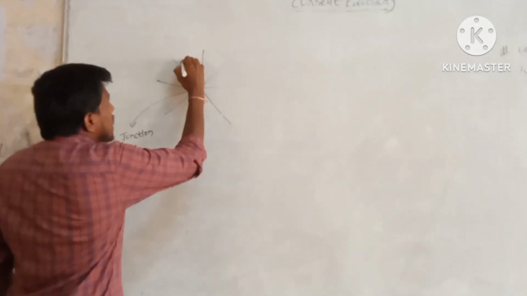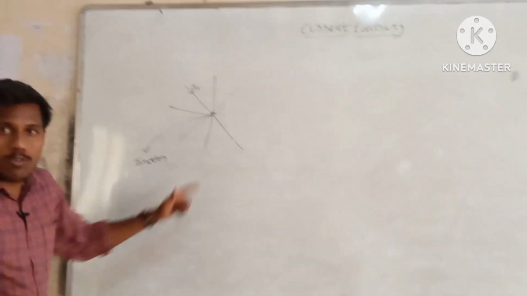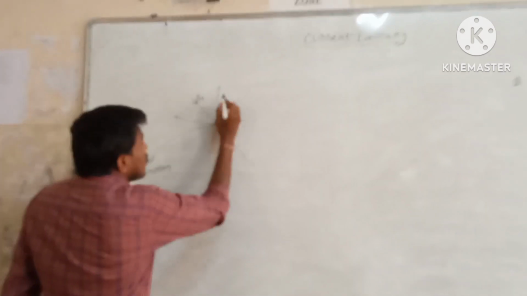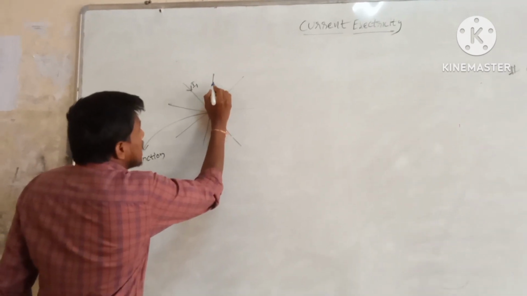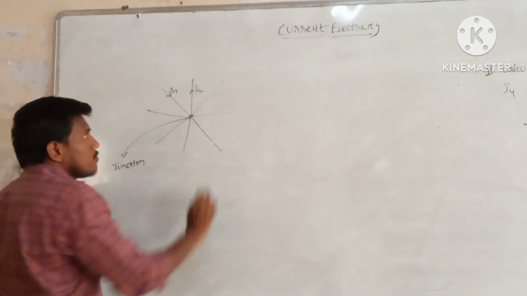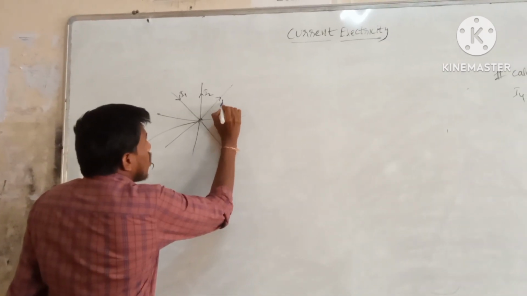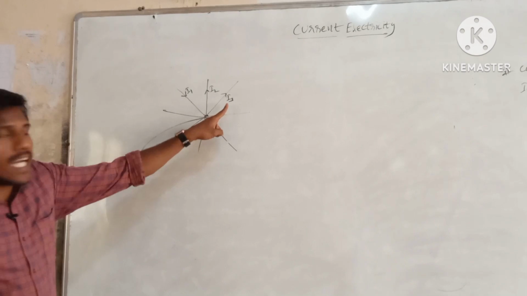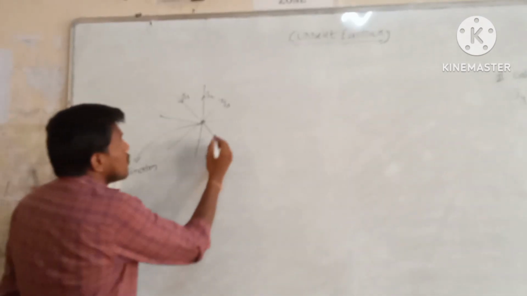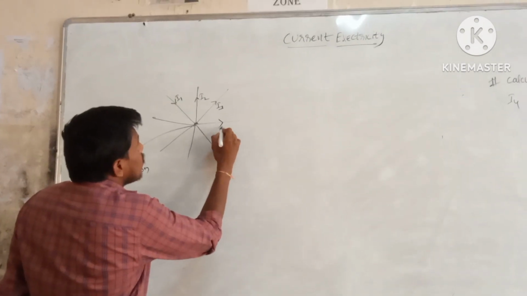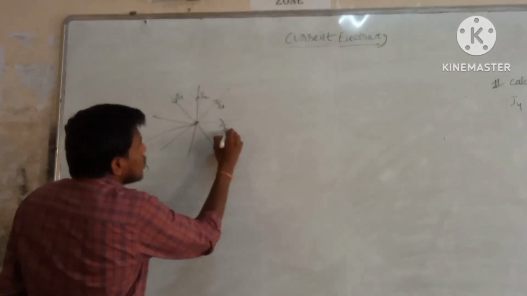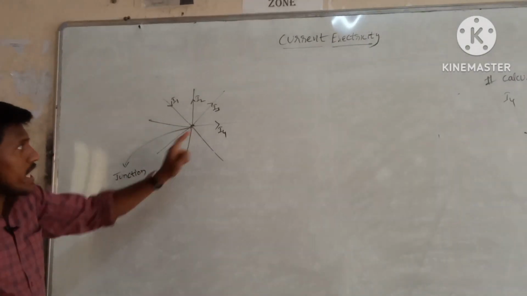Through the first conductor, I1 current is flowing towards the junction. Through the second conductor, I2 current is flowing away from the junction. Through the third conductor, I3 current is flowing away from the junction. Through the fourth conductor, I4 current is flowing away from the junction.